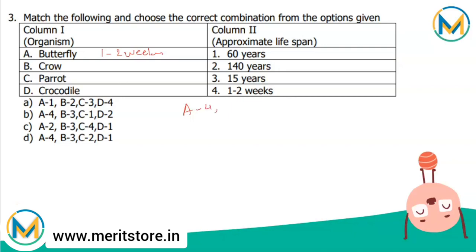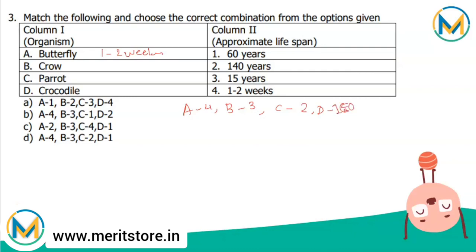Then for crow, we know it lives for 15 years. So B, that is 3. Then the C, that is parrot, it has its lifespan of 140 years, long living. So it's 2. And then the crocodile, D, it has an approximate lifespan of 60 years. So that is option 1.